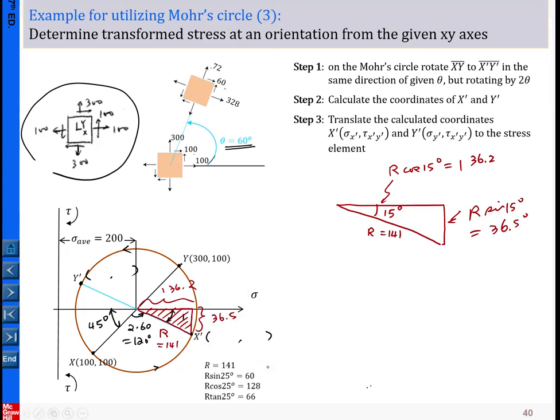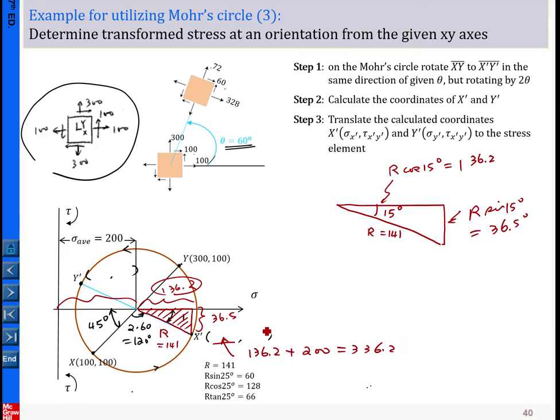Now we want to determine the x coordinate. This is the horizontal coordinate, basically this amount plus this amount. So this number equals 136.2 plus the average, so that is 336.2.